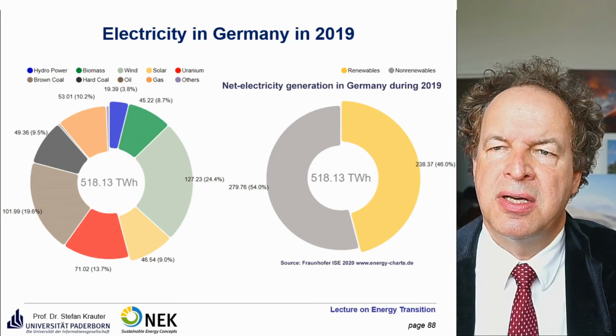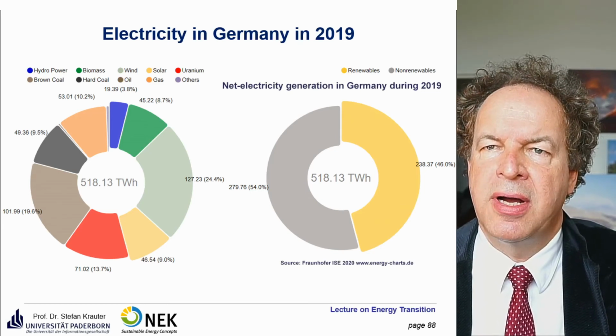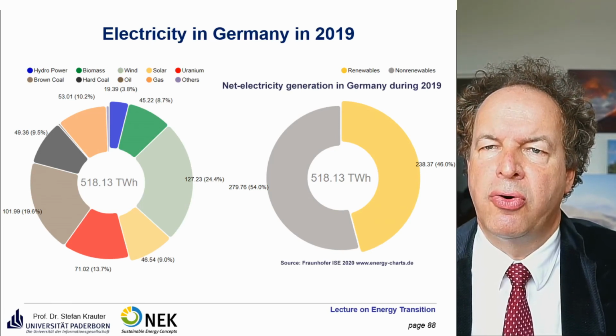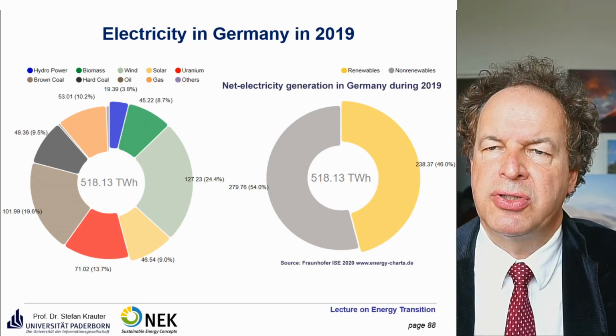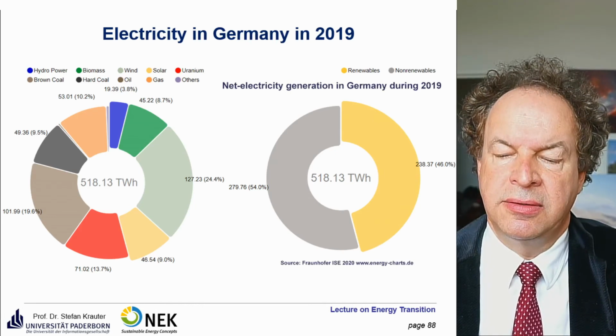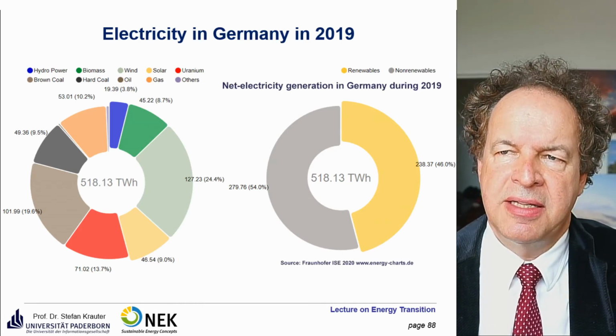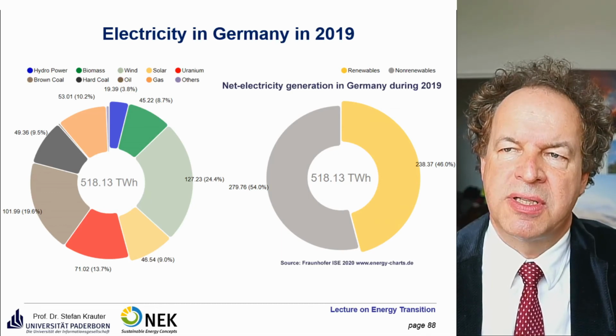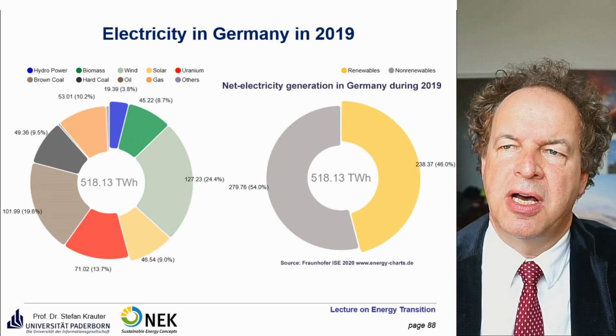You see that wind power is taking a large part, followed by lignite, brown coal. Nuclear is also still on the way, then photovoltaics and biomass. In total, we had in 2019 a 46% renewables share. So that's quite a lot.